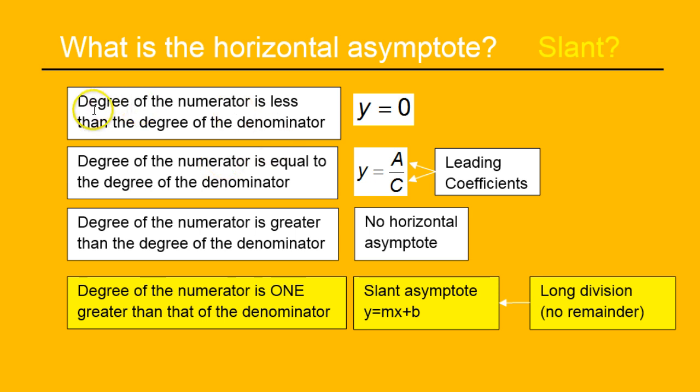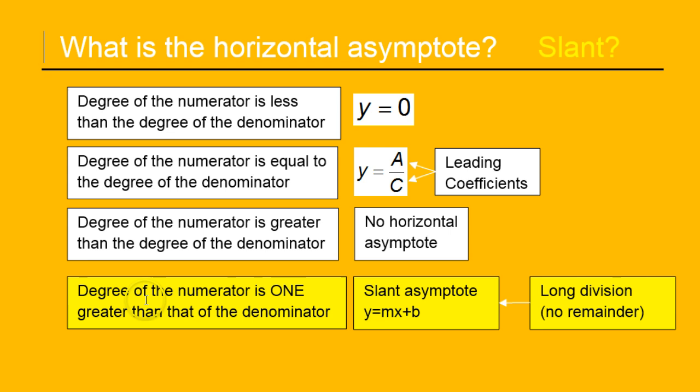And we fell into one of three situations. If the degree of the numerator was less, then the horizontal asymptote was y equals 0. If the degree of the numerator was equal to the denominator, then the horizontal asymptote was found by dividing the leading coefficients. And if the degree of the numerator was greater than the denominator, then there was no horizontal asymptote.